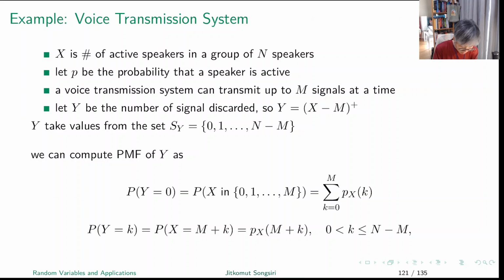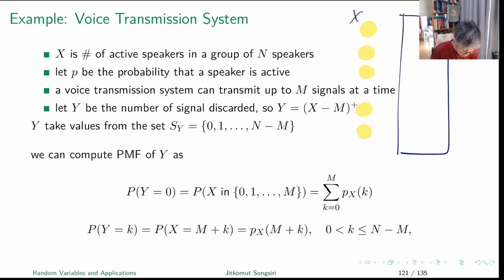Okay, let's talk about the previous example where you have x as the number of active speakers, and the voices that you talk through the speaker will be transmitted to the transmission system.